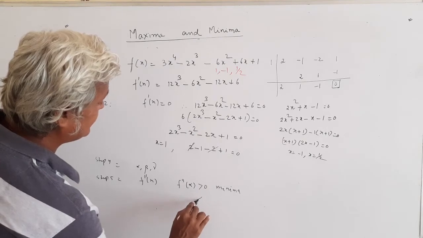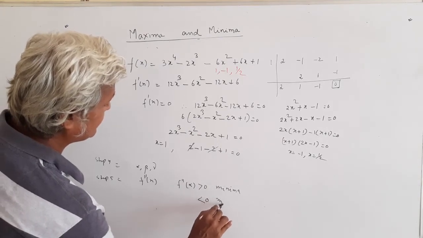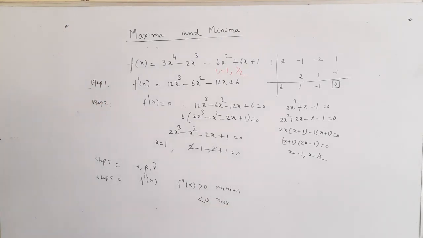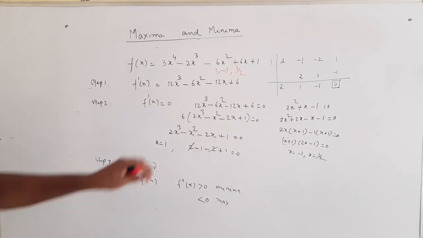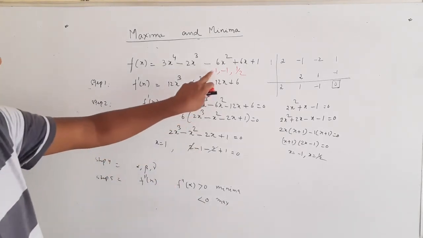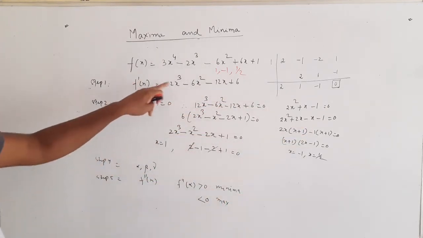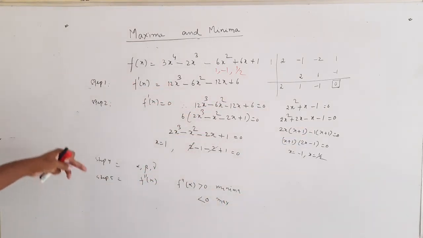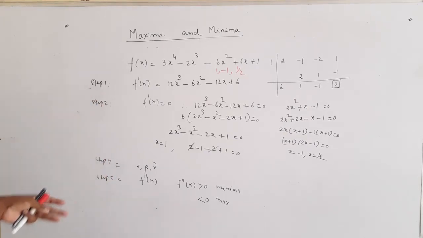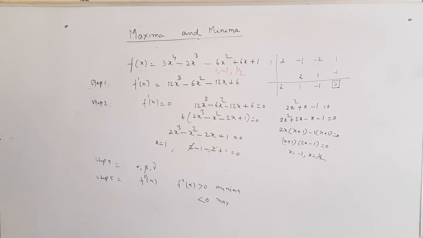And if it is less than 0, it is maxima. This is the condition. Since I have found my critical values, these are alpha, beta, gamma, that is 1, minus 1, and half. Now I have to clear this part so that I can find its differentiation here. Till now you can stop this screen and make these points if you find it necessary. Otherwise you can just manage it if you remember those things.